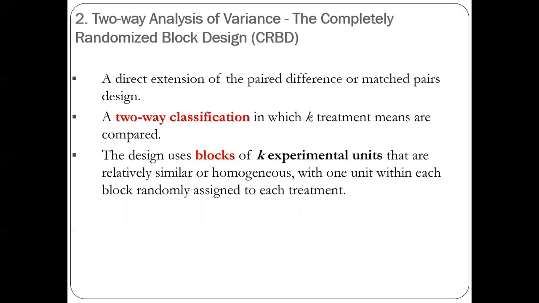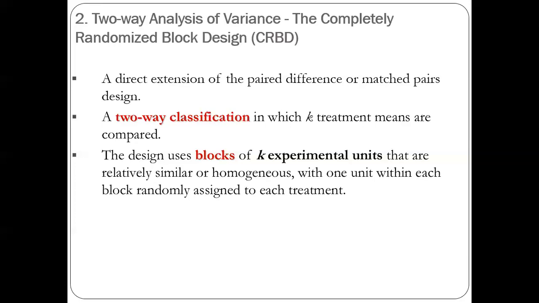In this chapter, we are going to continue to discuss what two-way ANOVA is and how we are going to analyze using the CRBD design. The CRBD is actually the direct extension of the paired difference or matched pair design from the Z or T test. It is a two-way classification in which K treatment means are compared.